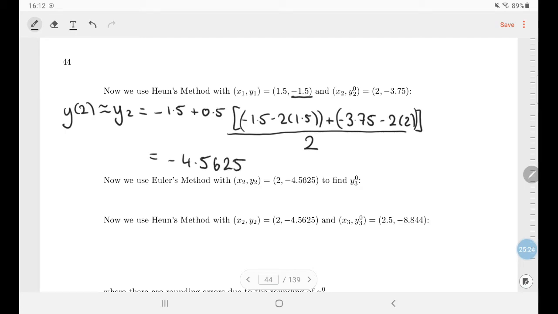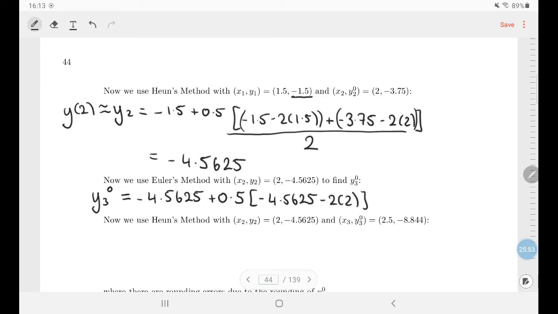Now I'm going to jump from here, this point, x equal to 2, minus 4.5625, that's where I am, to just get an Euler predictor for what's happening at the next point. So that'll be y of 2.5, is the previous y value, which is minus 4.5625, plus the step size, which is 0.5, times the previous slope, y minus 4.5625 minus twice x.